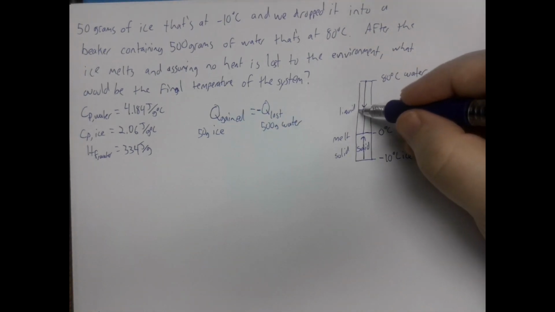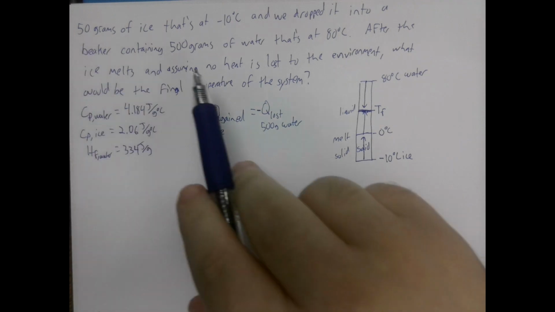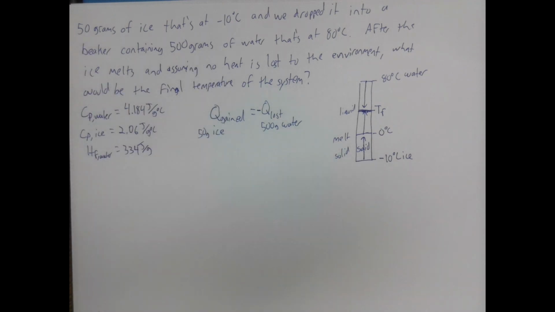This is a pure guess, but basically we use common sense. If you put a very little amount of ice into a lot of hot water, you would expect the ice to melt and the water to cool off.